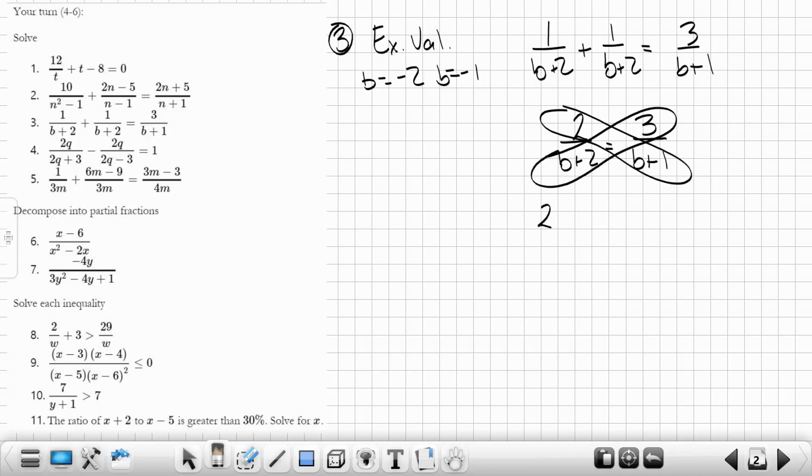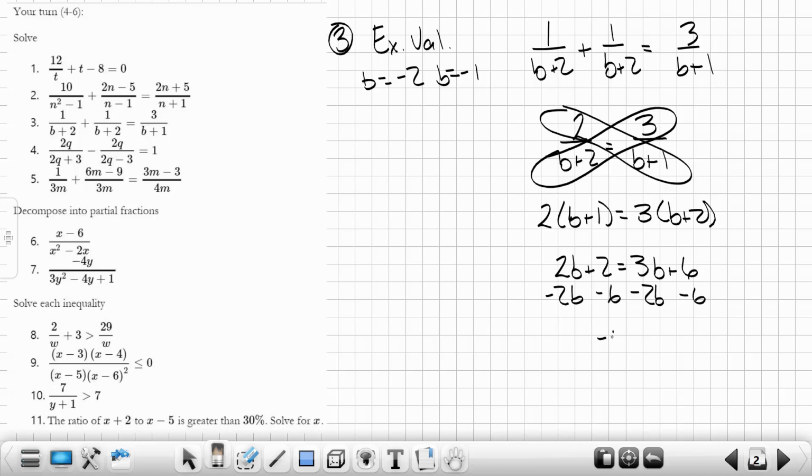Cross multiply. And you'd end up with that exact same thing. So b is negative 4, which is not negative 2 or negative 1, so I'm golden.